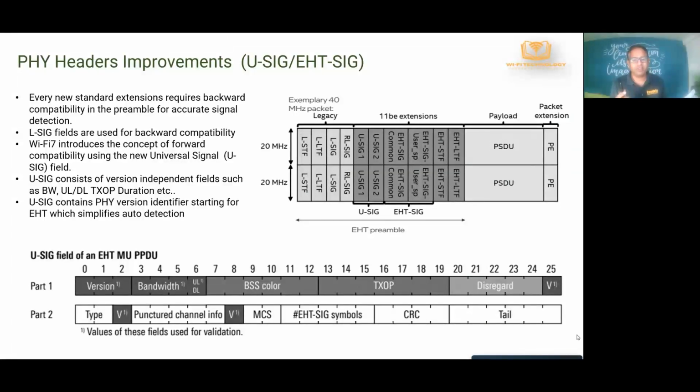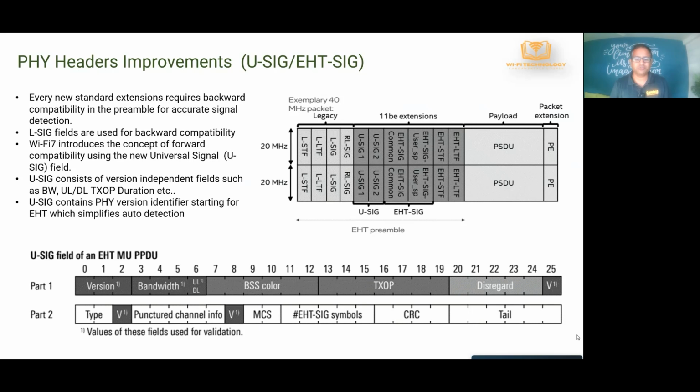When it connects to any Wi-Fi network, it doesn't have to worry about whether it's a Wi-Fi 5 access point or a 6 access point or a 7 access point, because we know that most access points deployed, even though they are using the latest standard, will be backward compatible. And so I don't have to worry about that, right? So that's one of the cool features of Wi-Fi in general. The same backward compatibility functionality carries forward to Wi-Fi 7.